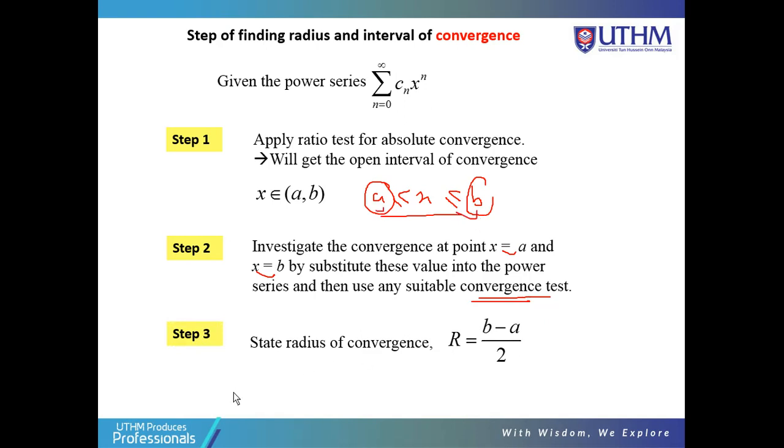Let's say you have the scale: a here and b here, and the radius is measured from the center. This is the radius of convergence, and this is the interval of x.